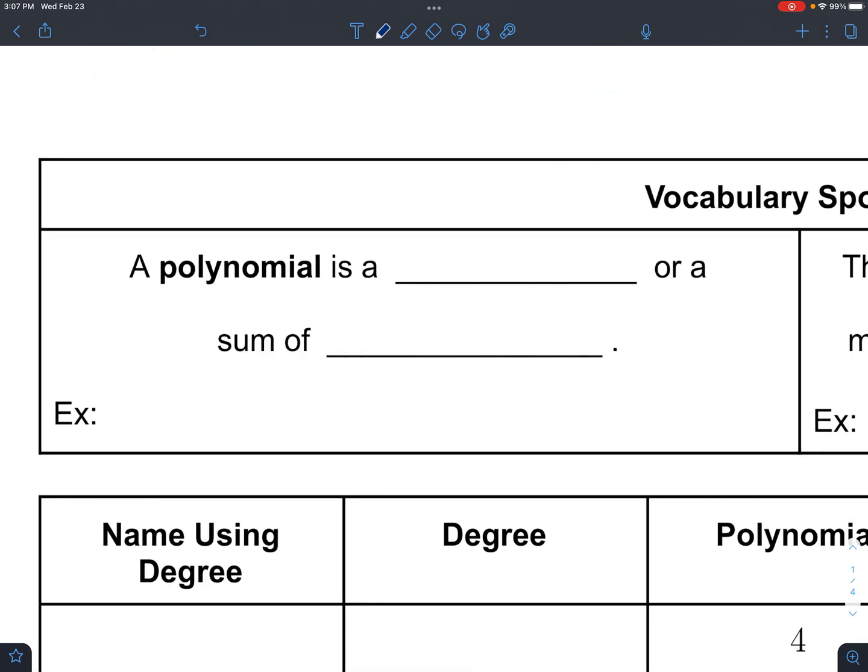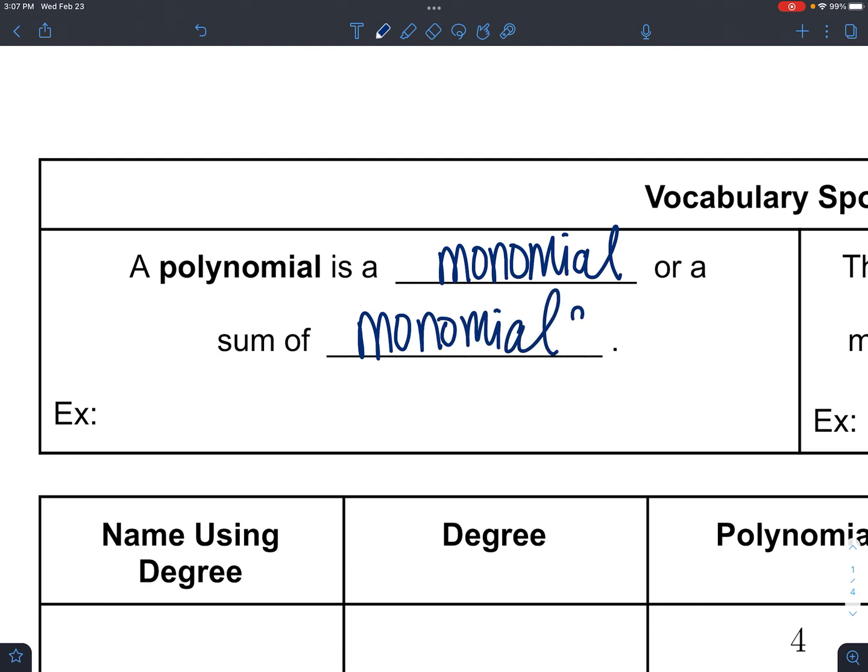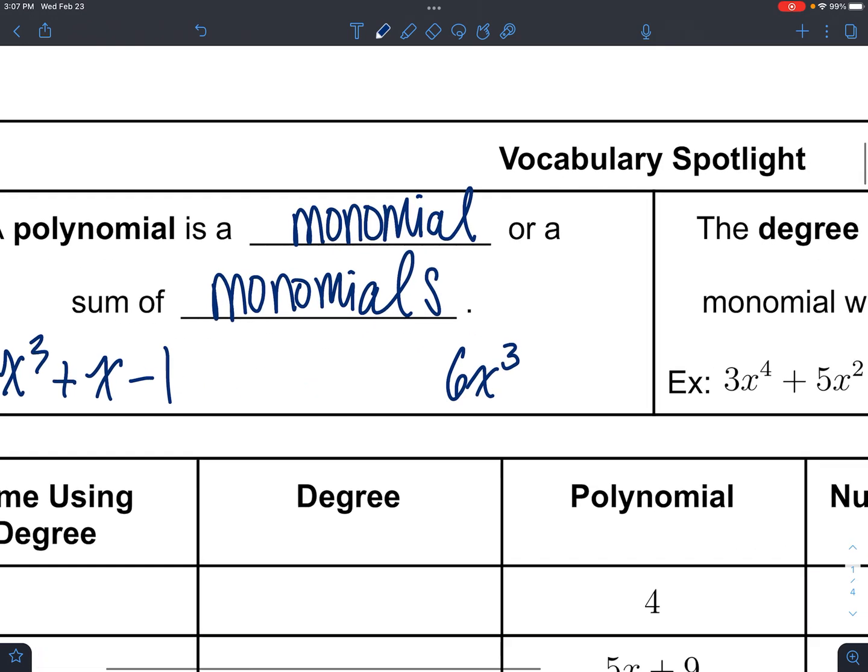I've said it a little bit already. A polynomial is either just a single monomial, or it is the sum of a few different monomials. So one example of a polynomial is this: 3 monomials together. But this right here is also a polynomial. It just happens to be a monomial. There's just one term.